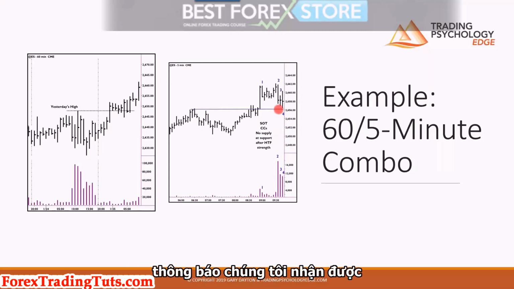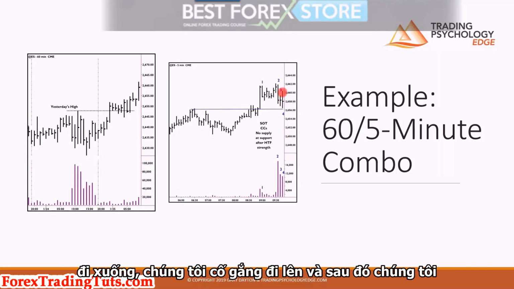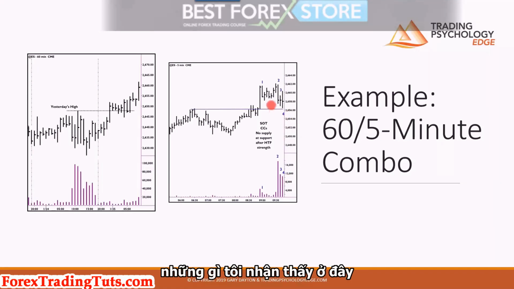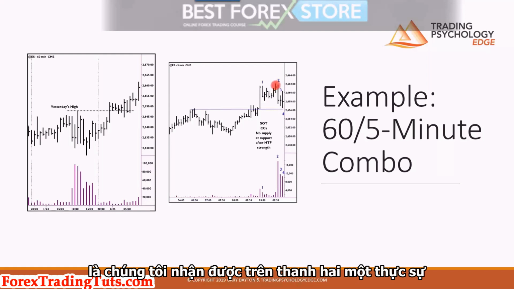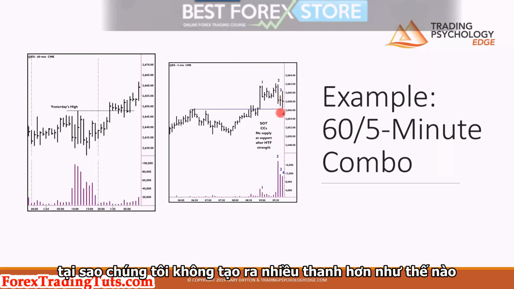Notice we get sustained volume and we're not going anywhere. And then on bar 4, we try to go up, try to go down, and close in the middle. It doesn't matter. It's on a little bit less volume. What I notice here is that on bar 2 we get a really strong bar down on big volume. How come we're not making more bars?